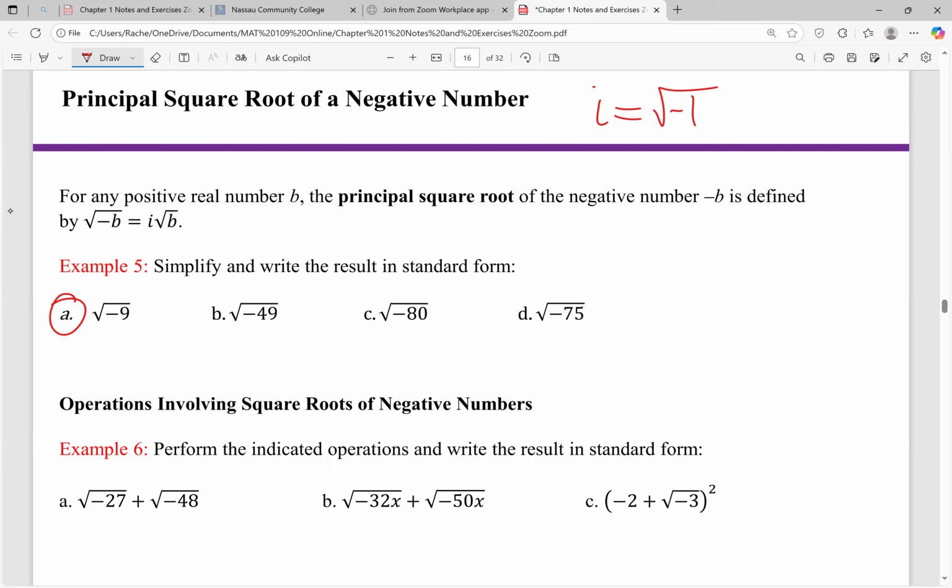So I can rewrite the square root of negative 9 as the square root of negative 1 times the square root of 9, because negative 1 times 9 is negative 9. Just like we were factoring and simplifying square roots in chapter P. And we know the square root of negative 1 is I, and the square root of 9 is 3. So this is I times 3. But we would write it in standard form, which is going to be 3 times I.